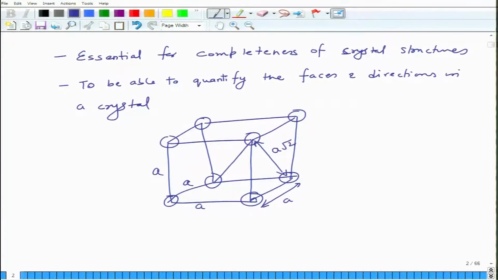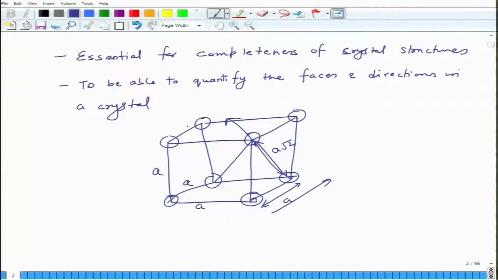The spacing between this and this is different, and between this and this is also different. Given that different atoms have different spacings with respect to each other, the properties also change in different directions. If I measure some response in this direction, it is different from the response measured in this direction. Okay. So, that is why we need to understand what this direction is, and what this direction is.